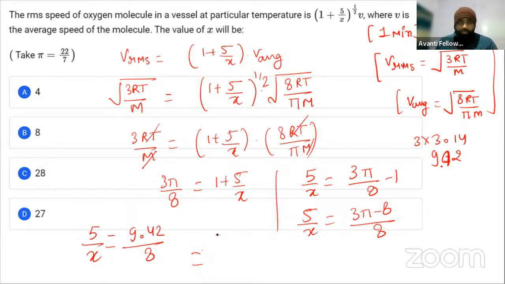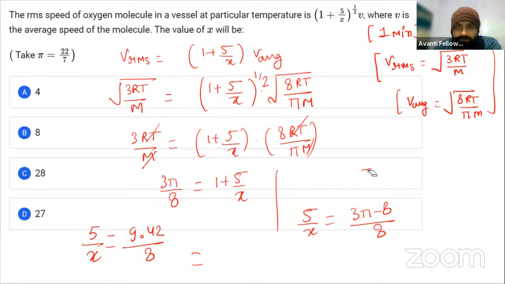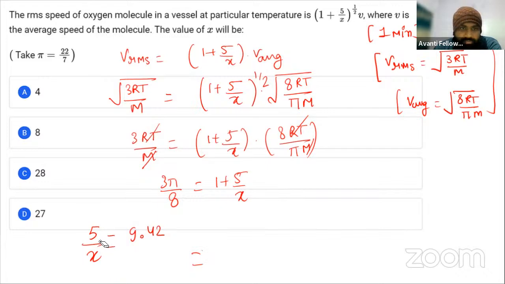Okay. So instead of putting pi equals 3.14, we should put 22 by 7. That will make the question easier for us to solve. In terms of decimals, we can also do that, but then we have to guess the greatest integer. So 1 plus 5 by x is equal to 3 into 22 over 8 into 7.